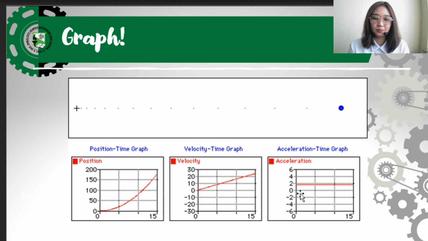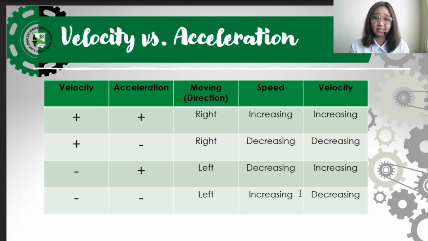So, also, in analyzing the difference between velocity and acceleration, or how to describe an object under motion which has velocity and acceleration, I have here a summary table of it. We have velocity, acceleration, where the body is moving, and if the speed and velocity are increasing or decreasing. What would be the difference between speed and velocity?